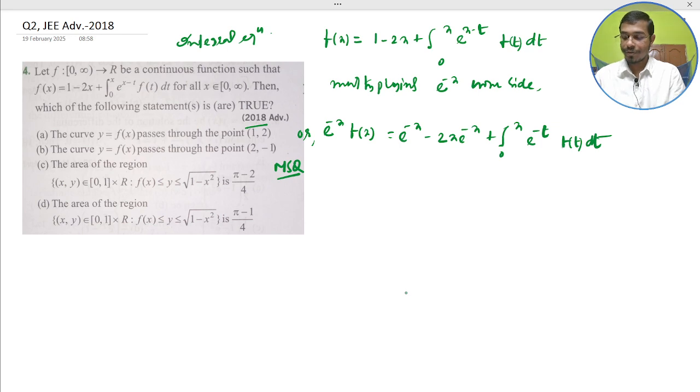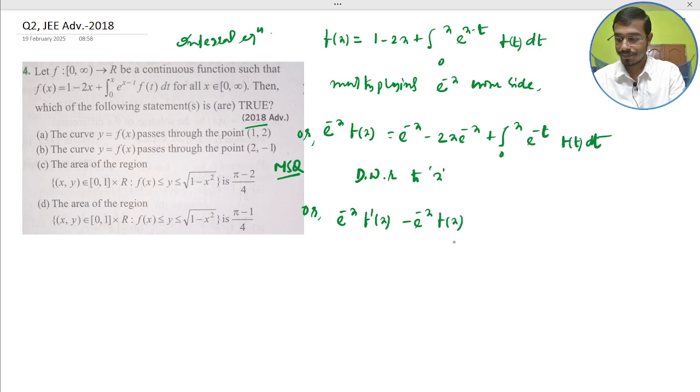So now on differentiating both sides with respect to x, it would become e to the power minus x f'(x) minus e to the power minus x f(x) minus e to the power minus x f(x) is equal to minus e to the power minus x minus 2e to the power minus x plus 2x e to the power minus x.